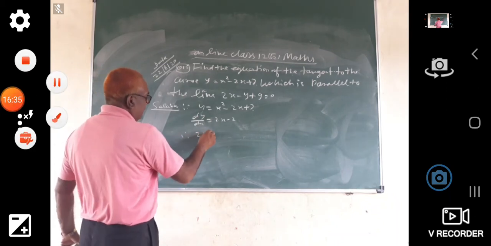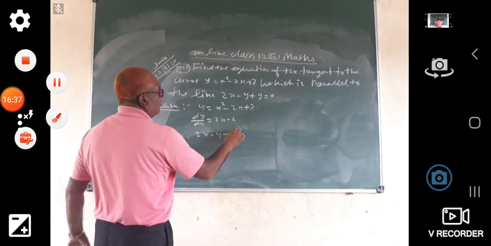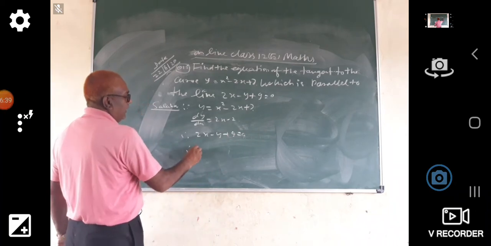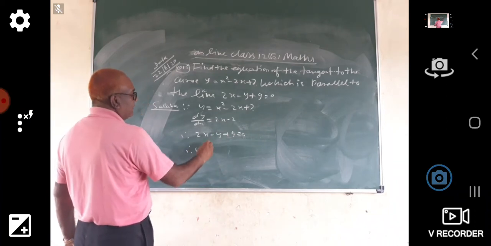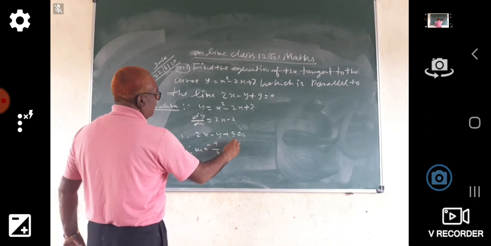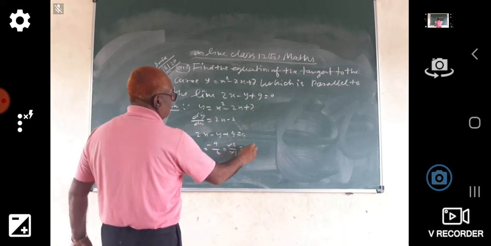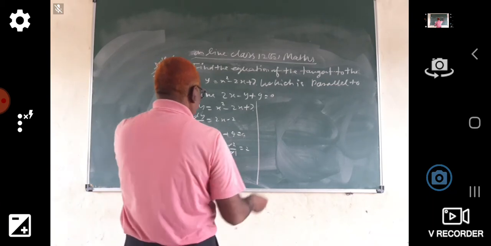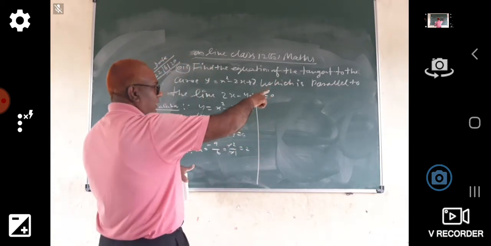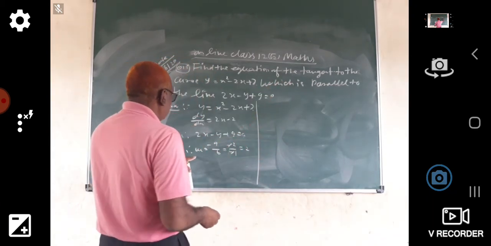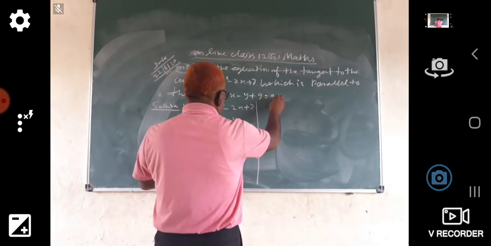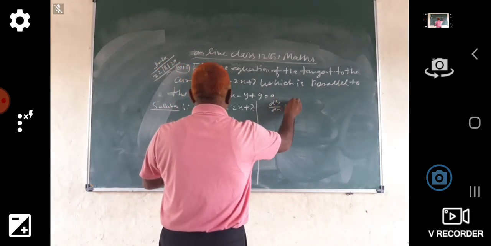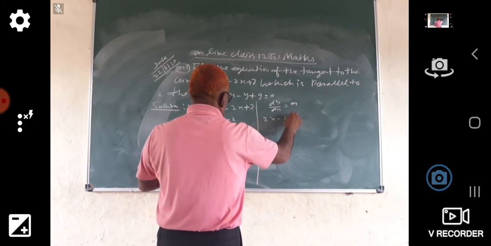But a straight line is given, 2x minus y plus 9 equal to 0. We know that the slope of this line is minus a upon b, minus 2 upon minus 1, equal to 2. If the lines are parallel, then the gradients will be the same. Means dy by dx is equal to 2x minus 2 equal to 2.